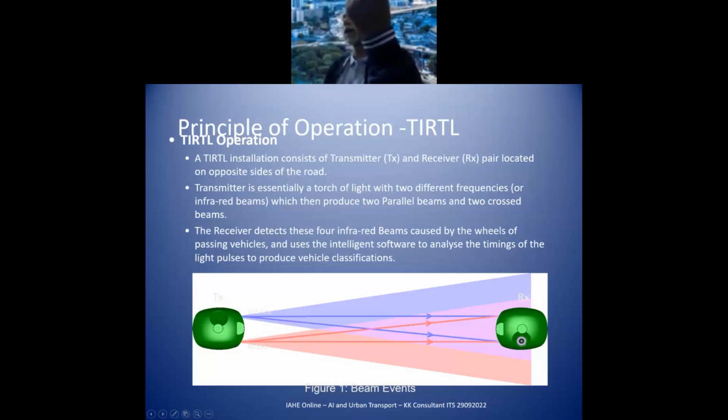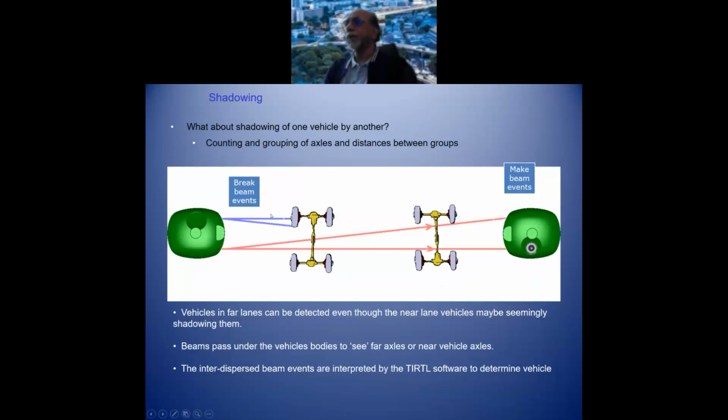This is the transmitter and receiver on opposite sides. It has two infrared beams, a pair of parallel beams and two cross beams. Now, what happens when a vehicle goes through this? It breaks and makes these rays one after the other. These timings are captured by the receiver. You see, this is how when a vehicle goes through, it makes and breaks the event.